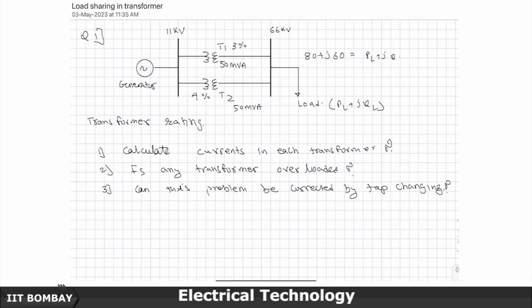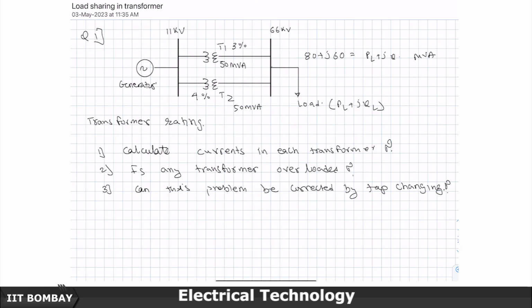Let us say you have a residential complex and it is having a 100 MVA load. This 80 square plus 60 square under root is going to be 100 MVA or 100 kVA, whichever way that is. Since I have taken voltages in kV, my load should be in MVA.